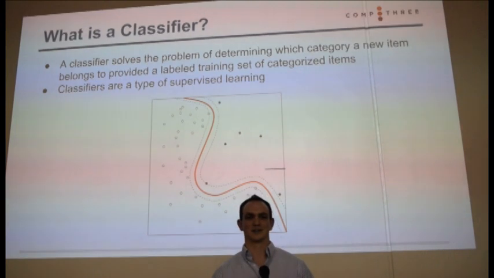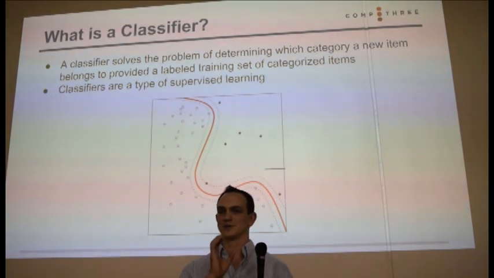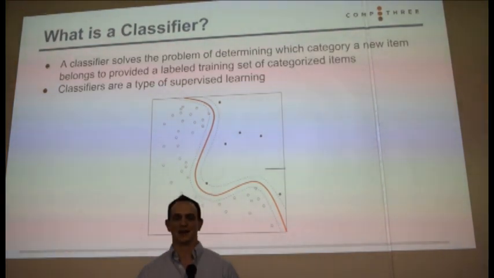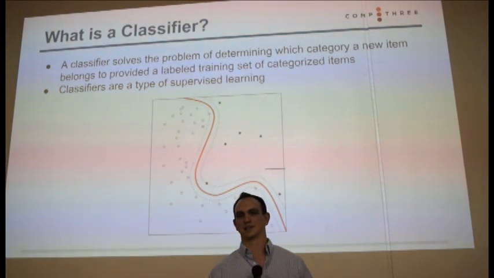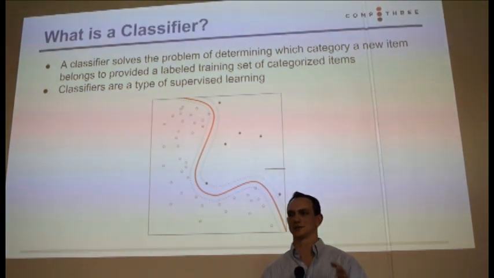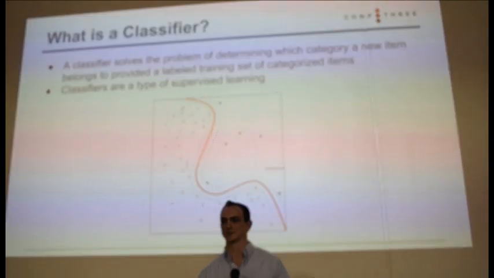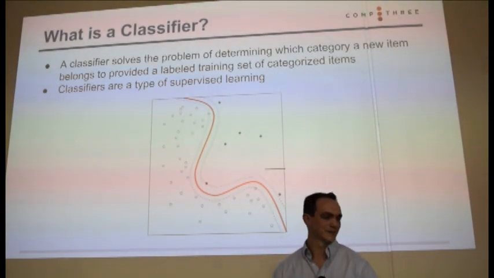What a classifier does is it's technically a type of supervised learning where you give it a bunch of pictures of cats and a bunch of pictures that don't have cats in them. Then based on that information, it can train itself to take an image it's never seen before and put it in one of those categories. And so that's basically what the natural language classifier service will do. It will put things into categories that you've defined.